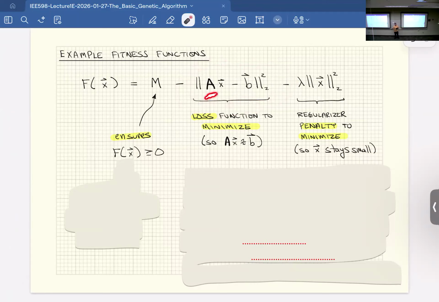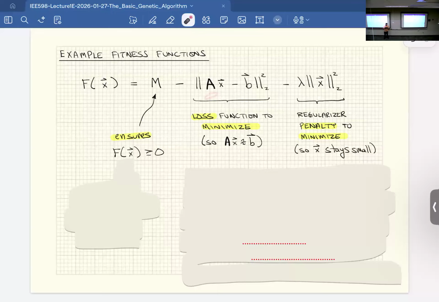and B. It's like I took a bunch of samples and I have different rows. So I'm sampling different things and I have different independent rows, so that fits into a matrix. So I've got some matrix A, which is a part of my problem. I'm varying X and I'm trying to make AX equal to B. And so I'm trying to minimize this thing. But I also add this regularizer penalty.